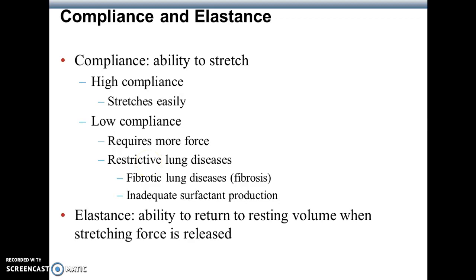Remember, you have COPD, which is obstructive, which means there's something obstructing the flow of air. Restrictive lung diseases restrict the lung from expanding, like fibrosis, or inadequate surfactant production, which prevent the lung from using all of its elasticity.